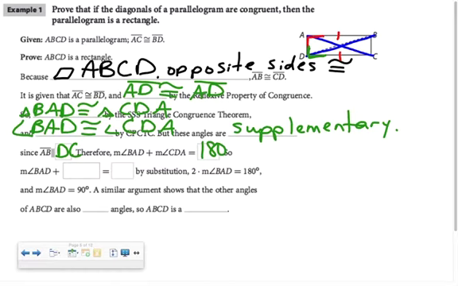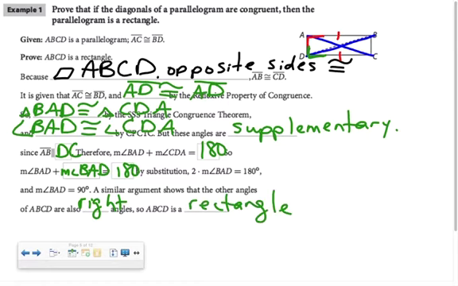And if I substitute BAD in for CDA, then I've got measure of angle BAD plus measure of angle BAD equals 180. And that means that 2 times the measure of angle BAD is 180, so the measure of angle BAD is 90. And a similar argument would show that all the other angles of the figure are also right angles, so ABCD is a rectangle.